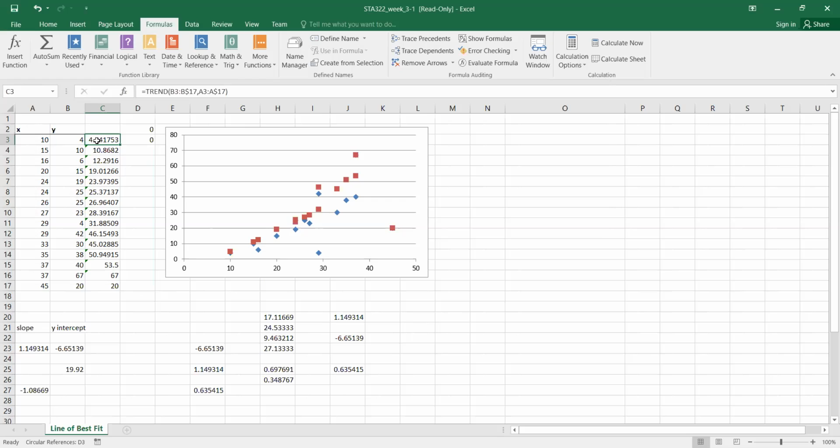Quite clearly the general trend is the higher x, the higher y, but we have a couple of points that just don't match up, such as the two that we have at 29 that are so vastly different. So we can put all this in, but we have to be careful how we do the analysis.